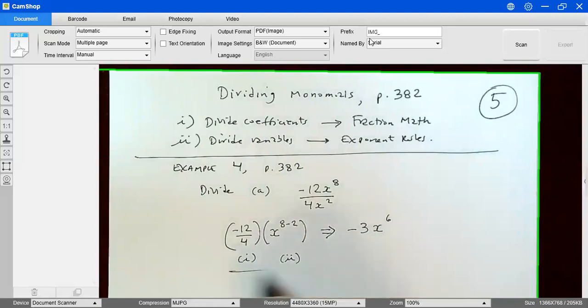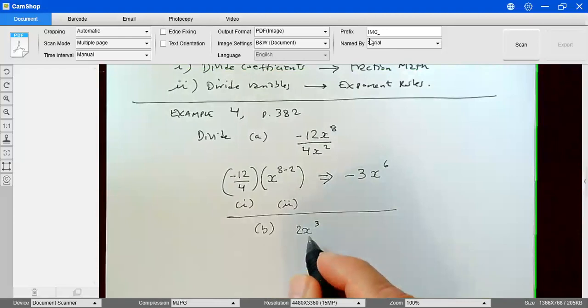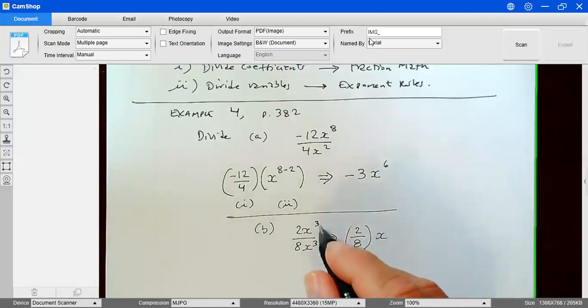So that's part A. Part B, we're going to divide now 2x cubed over 8x cubed. So we start first dividing coefficients and dividing the variable, 3 minus 3.